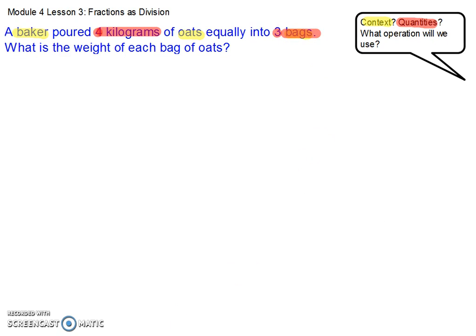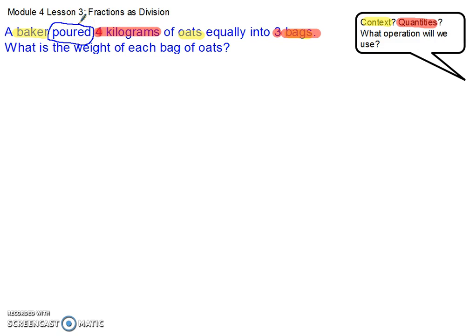Finally, we want to think about what operation we are going to use to solve this problem. And to do that, we look for those keywords, those action words that tell us how we are going to be sharing these 4 kilograms into 3 bags. And the action word we notice immediately is that word poured, where you're pouring something into.